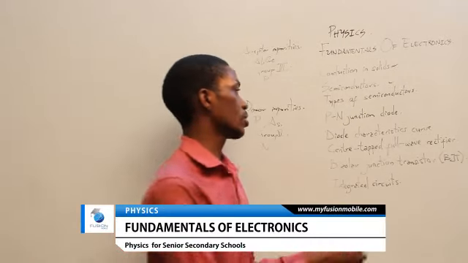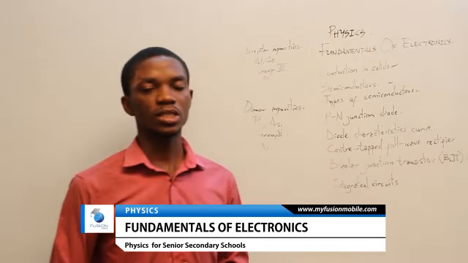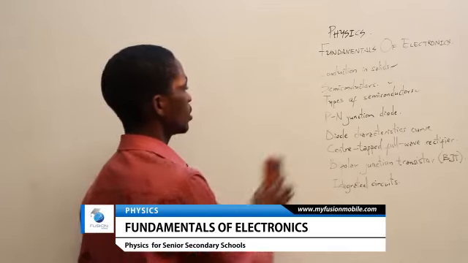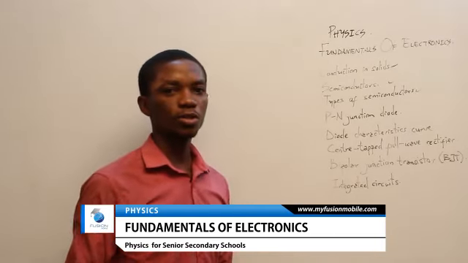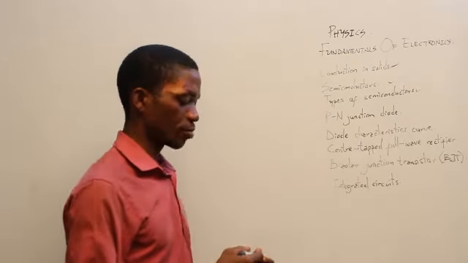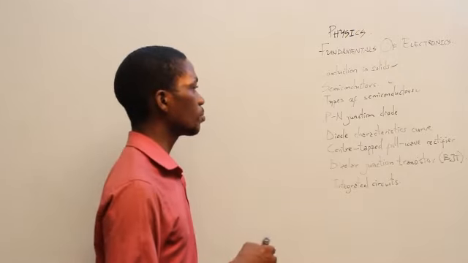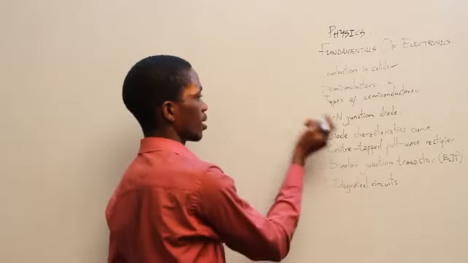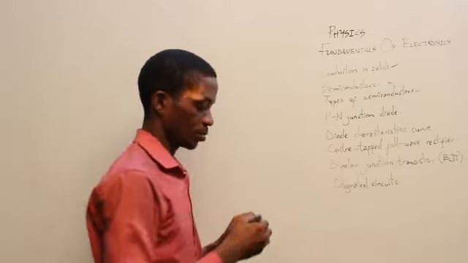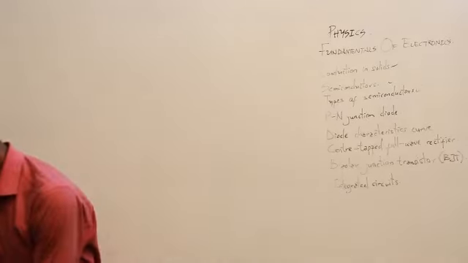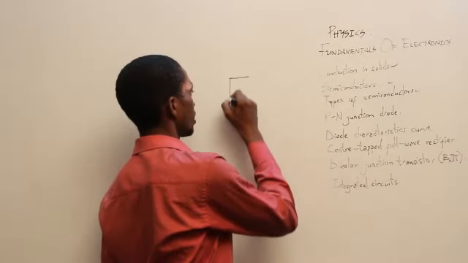Okay, let's consider the PN junction diode. In the PN junction diode, just as we have described semiconductors, we have two types of them, the pure ones and the impure ones. Considering the impure ones now, because those are the ones that can possibly have PN junctions, we have a description, a kind of block like this.